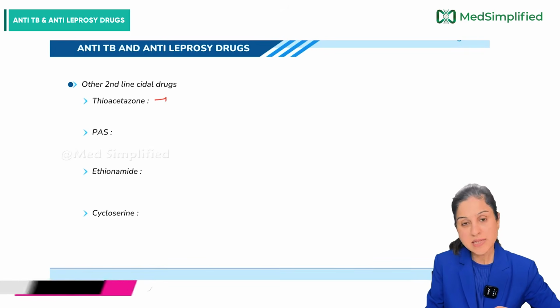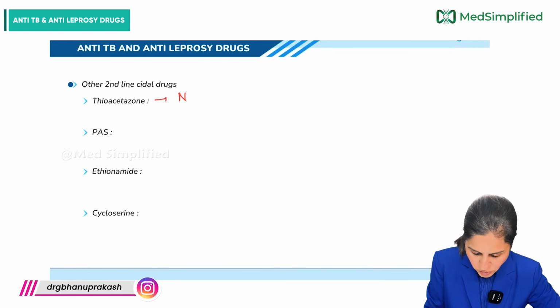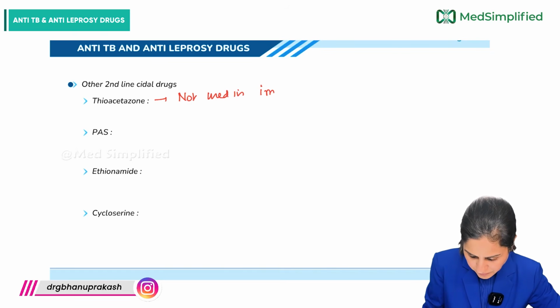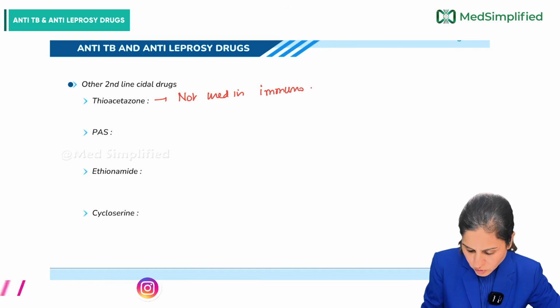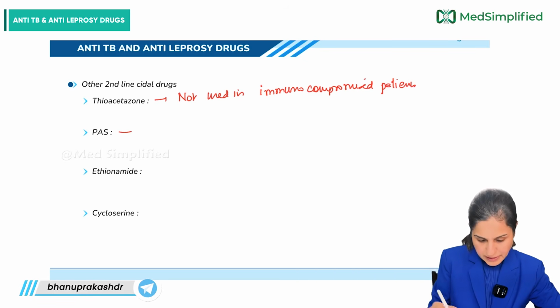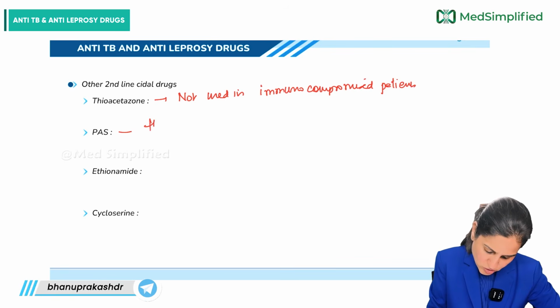Thioacetazone is not used in immunocompromised patients. PAS can lead to hypothyroidism.